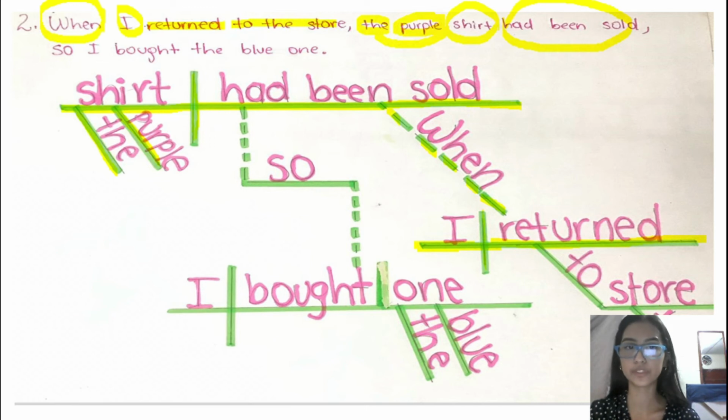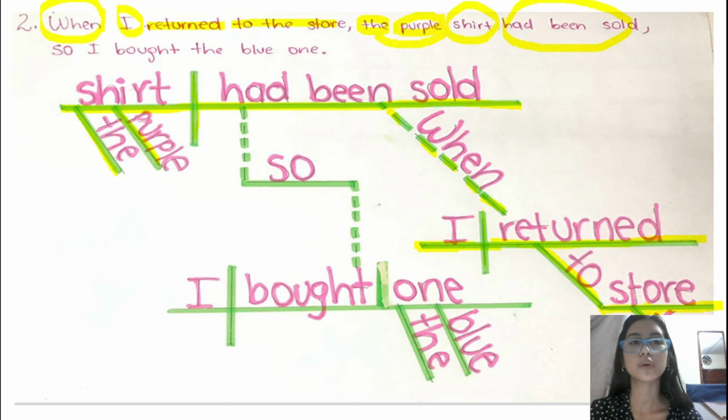So the preposition to is going to be written below the verb on a slanting line. And the store is going to be written here on a horizontal line. The is modifying store, so it is going to be written here below the word store, on a slanting line. Well, we have analyzed the first independent clause and the dependent clause.